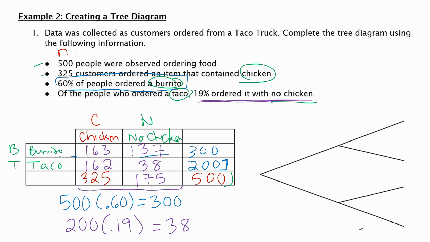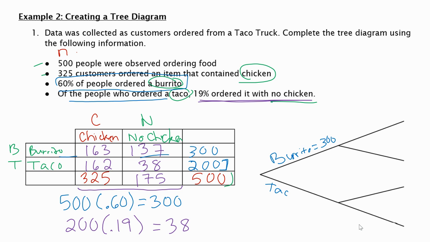So I know that these are my little branches here, and then we can break it up for no chicken, chicken, burrito, taco. It doesn't really matter. It really matters how we want to make our condition here. So since this had a condition here, I might say burrito and taco. So the number of people who got a burrito was 300.